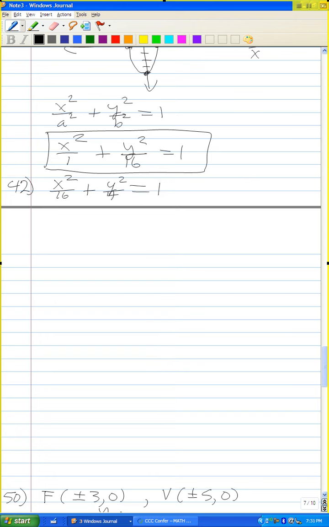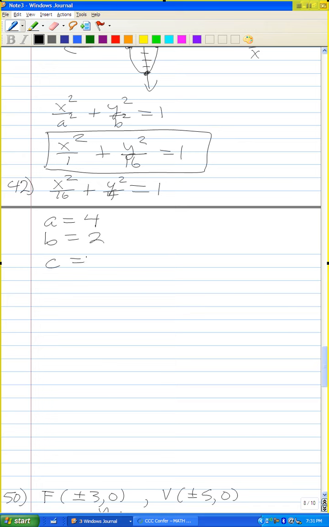In exercises 41 through 48, c squared equals a squared minus b squared, or c squared equals b squared minus a squared. Name the foci of the ellipse with the given equation. Okay, so let's do that. And so I have that a is equal to 4, square root of 16 is 4. B is equal to 2, square root of 4 is 2.